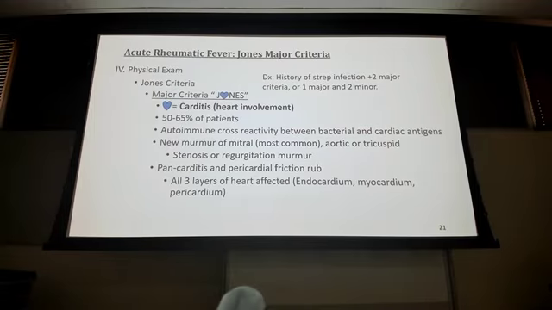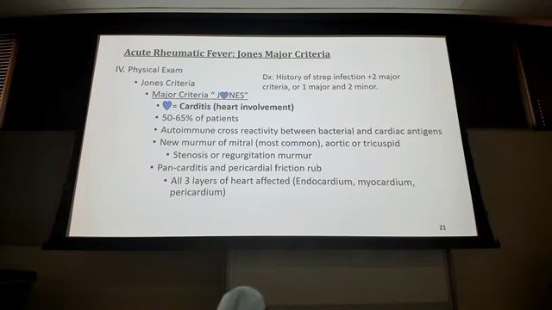The O changed to a heart is carditis involvement, where basically the reason you see this is there's a cross-reactivity, and kind of think of this as an autoimmune reaction between the antigens of the strep bacteria and the antigens of the heart structures.